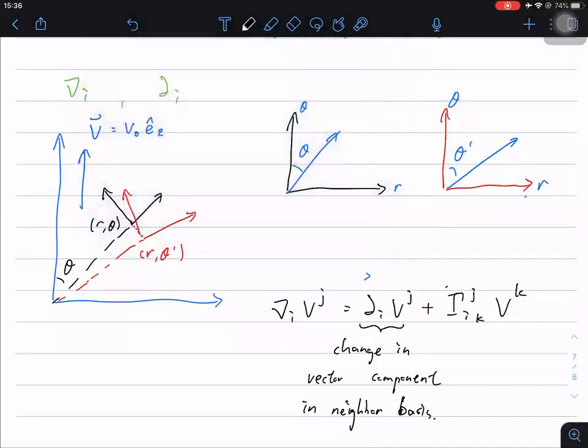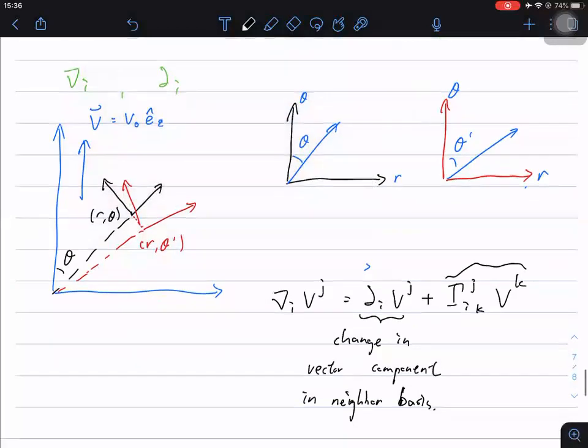And that's what the Christoffel symbol means. It corresponds to any change in the basis vector.